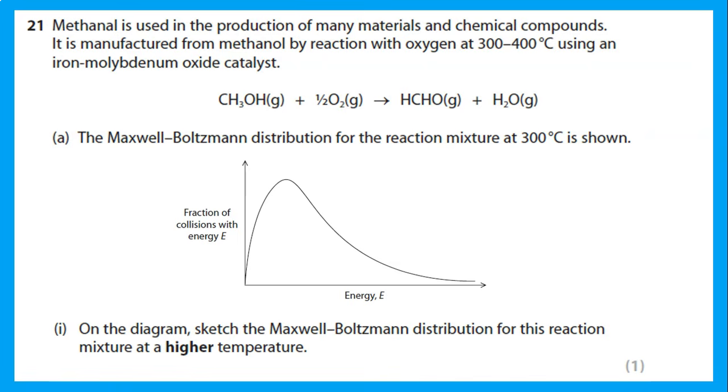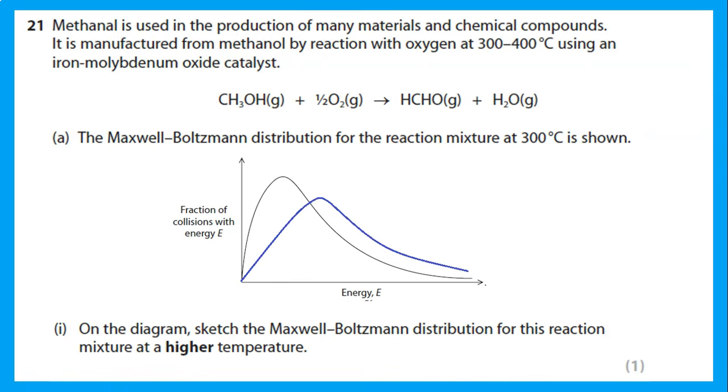Now, when we have a higher temperature, what happens to the curve? The peak is lower and the graph shifts to the right, because all the particles now have more kinetic energy than the original particles. So all of this shifts to the right.